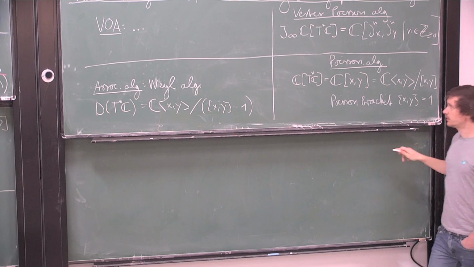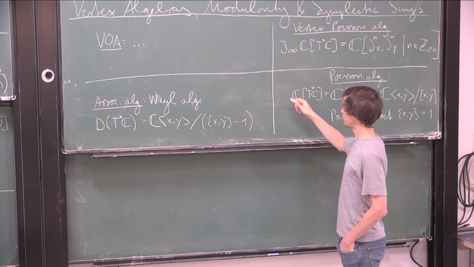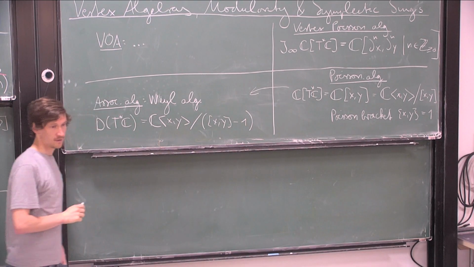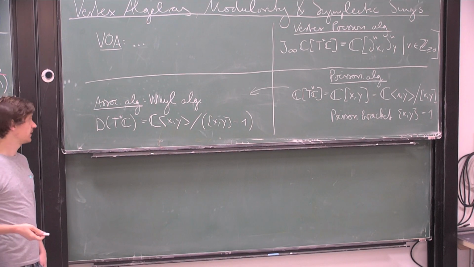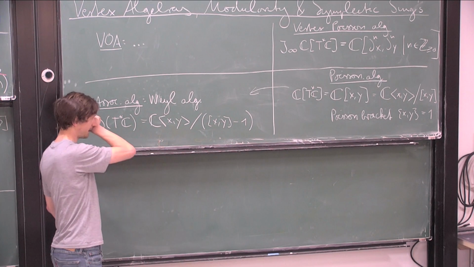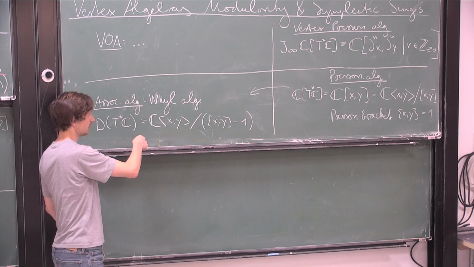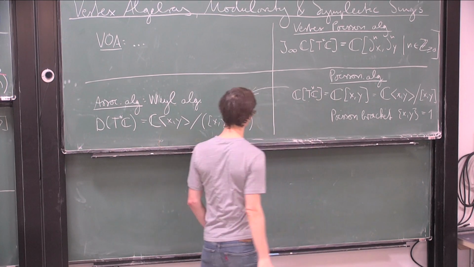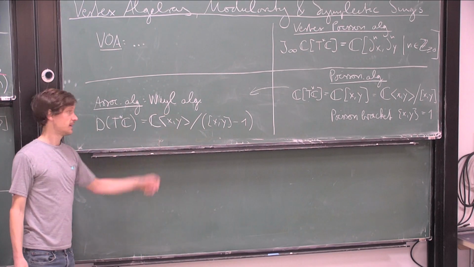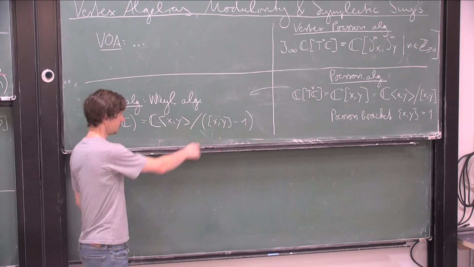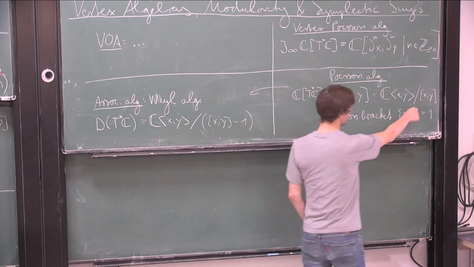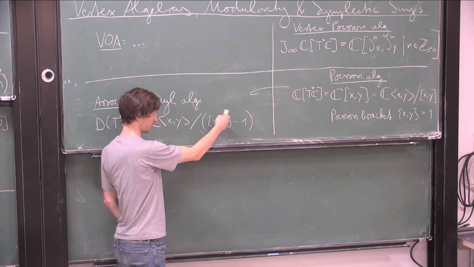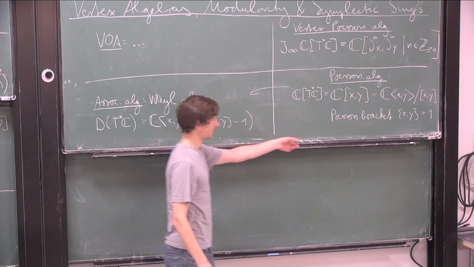Right, and then you can do two things. Something that's well understood is you go in this direction, which is called quantizing. So you go from a commutative algebra to a non-commutative algebra. It's well known that the quantization of this coordinate ring of T star of C is called the Weyl algebra. Instead of quotienting by the ideal generated by x and y in the tensor algebra, you quotient by the ideal generated by the commutator of x and y minus 1, where the 1 is coming from the Poisson bracket.